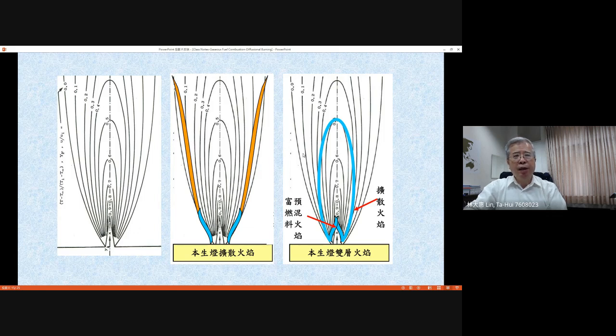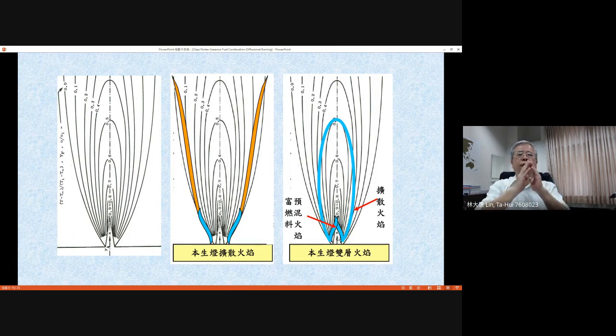But the next one, when you move to the right-hand side, typically this is the identification for determining the position of the premixed flame, right? As I explained earlier, when you have a rich premixed flame, you will have a flame sitting very close to the potential cone, or even inside the potential cone.